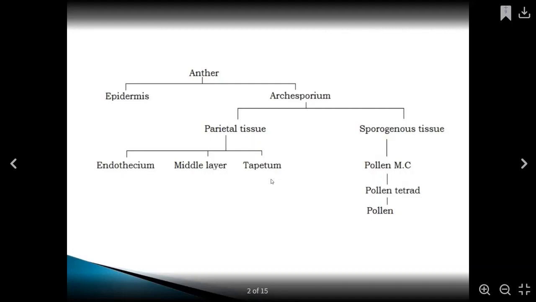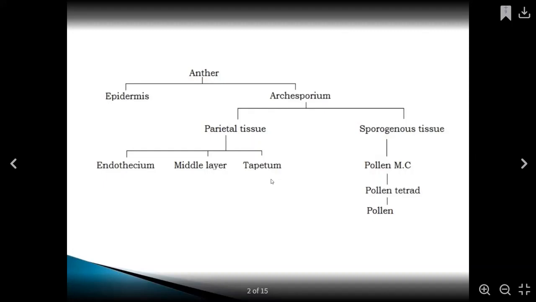In that, exine is all included. But in the broad way, the outer layer of the pollen or the microspore consists completely of sporopollenin. So it checks the natural decay of the pollen grains.